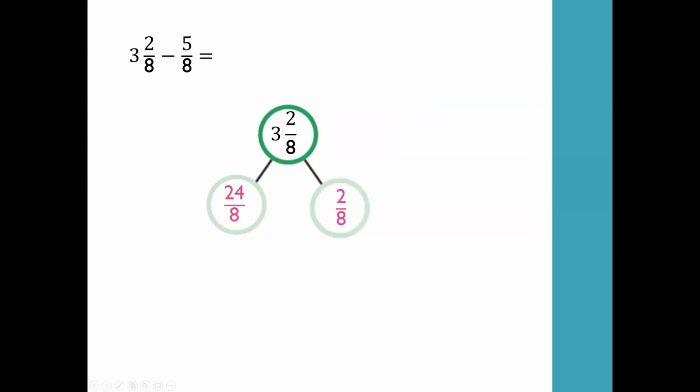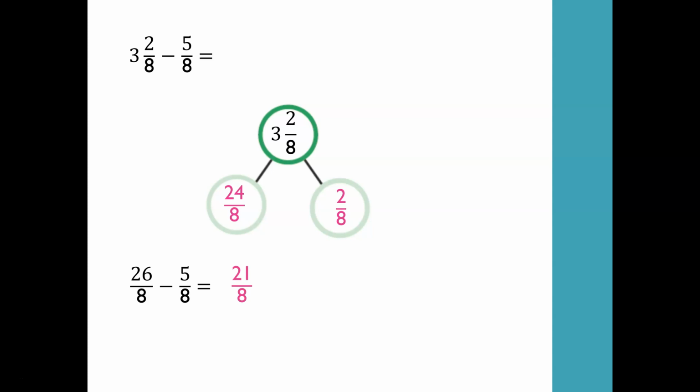The 2 parts to my total fraction is 24/8 and 2/8. I can rewrite the subtraction sentence now, showing only fractions. 26/8 take away 5/8. After reducing the number of parts, 26 by 5, I am left with 21/8.